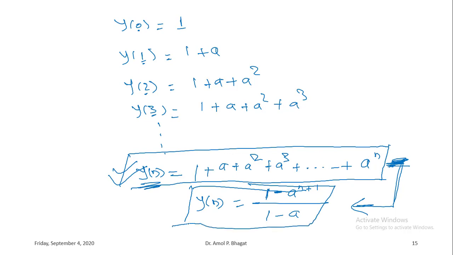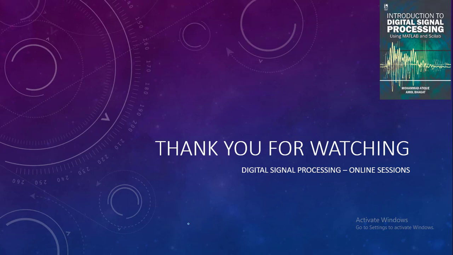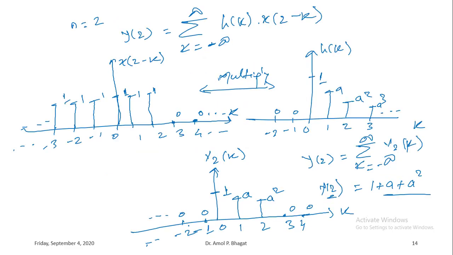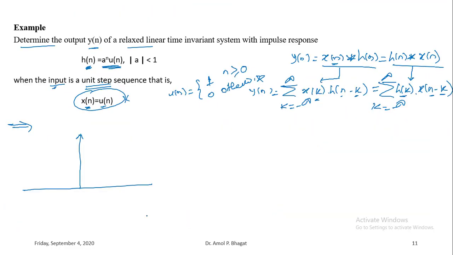In the next session we'll be looking at the remaining methods of finding convolution summation, which is used to identify the response of the system. Ultimately in every problem, if you observe what has been asked, it is: determine the output y of n.